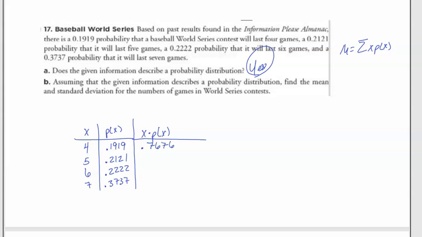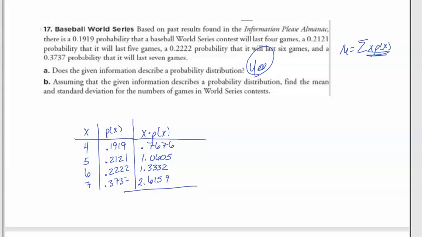5 times 0.2121, 1.0605. 6 times 0.2222 is 1.3332. And 7 times 0.3737 is 2.6159. So the mean is going to be the sum of all those values.